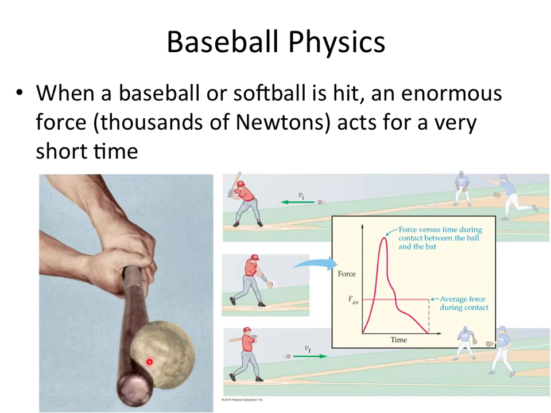The ball comes in with some mass times velocity, and then it leaves with another mass times velocity final. The impulse, the force applied by the bat times the very small amount of time that it is applied, is very big, and so it results in a major change in momentum of the ball.